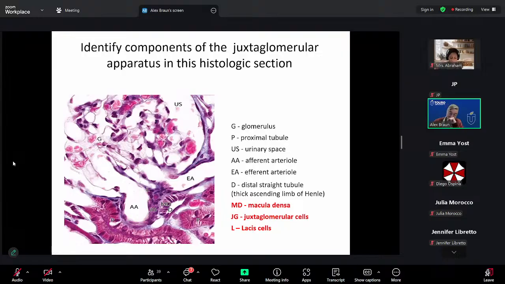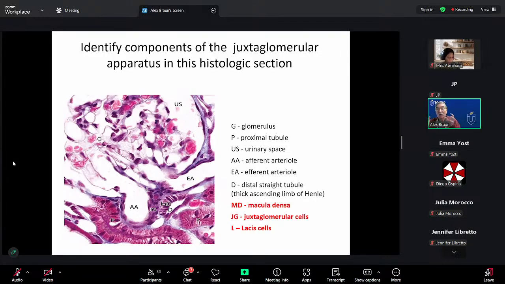Remember, again, that the juxtaglomerular apparatus is important for maintaining your blood pressure. If you lost fluid, for example, or became hypotensive for some reason, there would be decreased fluid flow within the loop of Henle and decreased fluid reaching the macula densa. Also, there may be diminished salt being delivered to the macula densa, decreased sodium, decreased chloride. And there are actually going to be some other factors involved here as well, which we haven't talked about.